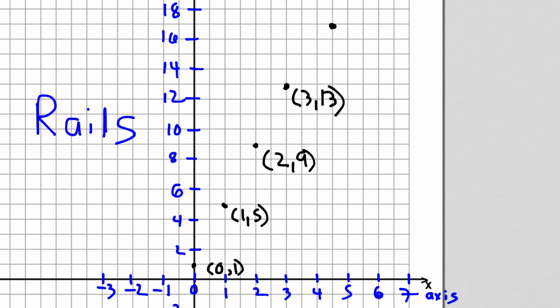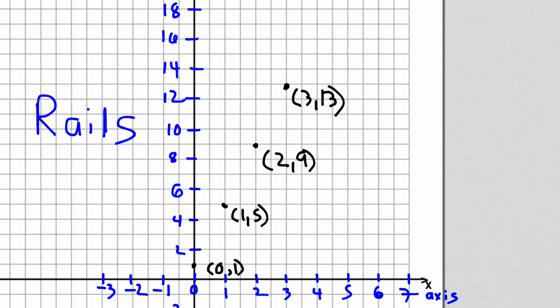Oh, my last point was off though. It's got to be 4 on the x, right? Oops. So double check that last point: 4 on the x and up 17 on the y should be right there. So we'll call that 4, 17.